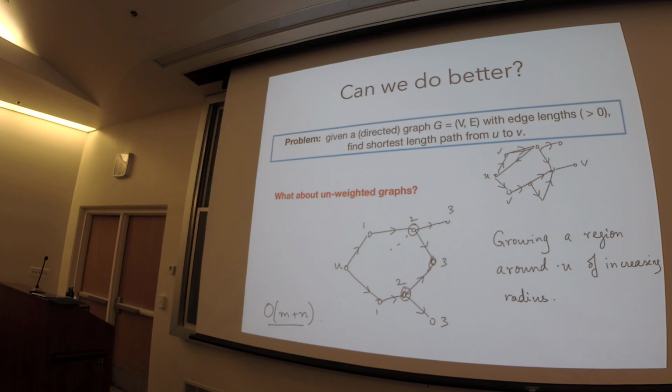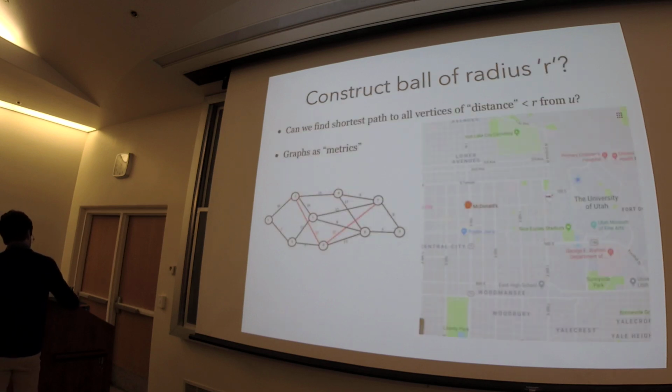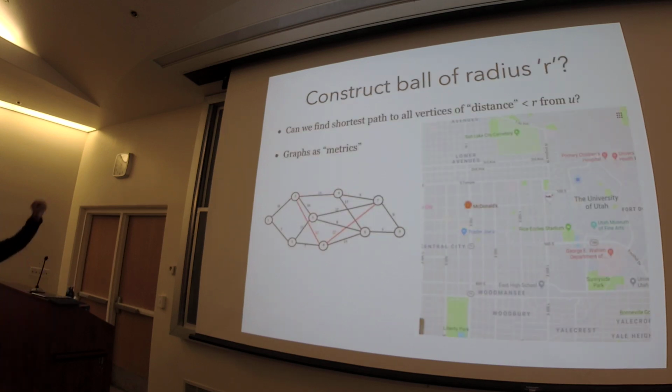So how would you do this for arbitrary graphs? So this is the question we would like to ask. Okay, so can you construct a ball of a certain radius around a certain point?